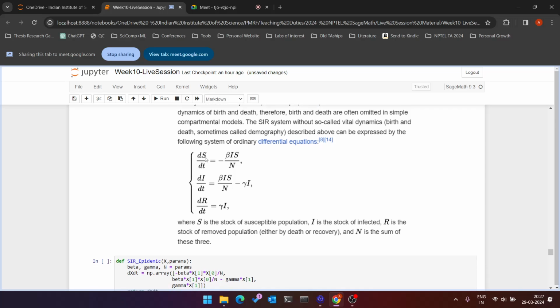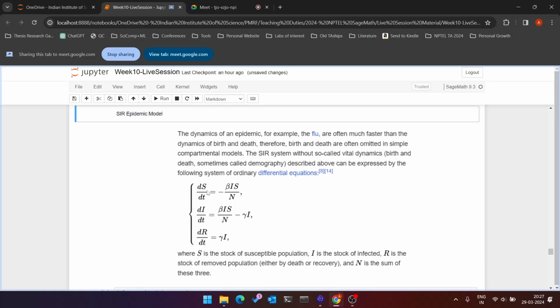And then we have the system of equations defined as ds by dt is minus beta S I by n, di by dt is beta S I by n. You can recognize this beta S I by n from the above equation that we have. And then there is a recovery factor given by minus gamma I.